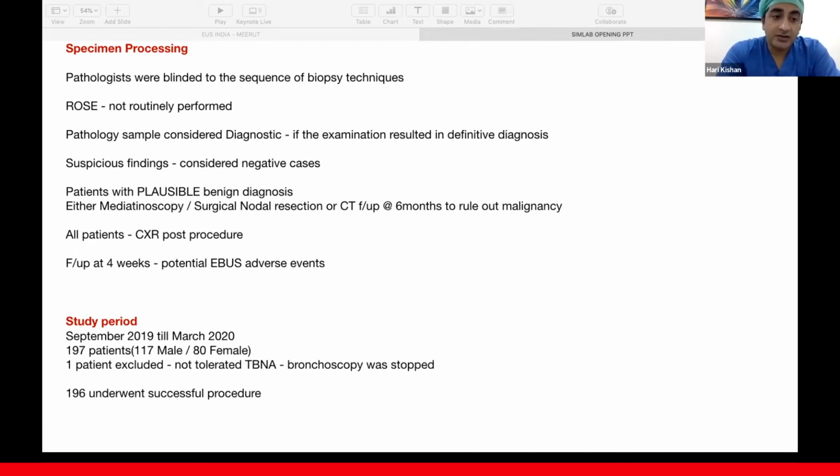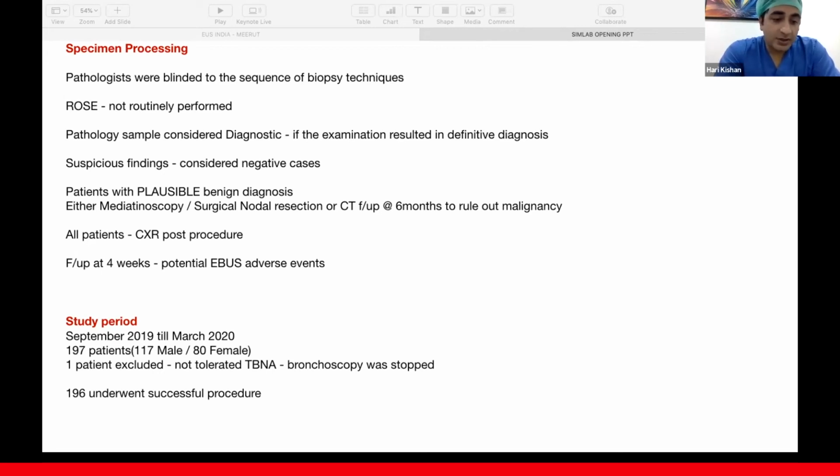Suspicious findings on these biopsies or FNAs were considered negative cases, and patients with a plausible benign diagnosis underwent another kind of biopsy modality like mediastinoscopy or surgical lymph node VATS resection, or in between, they followed some patients on a follow-up CT to rule out malignancy. And in all patients they did a chest X-ray post-procedure and a routine follow-up at 4 weeks to see if there were any potential EBUS-related adverse events.